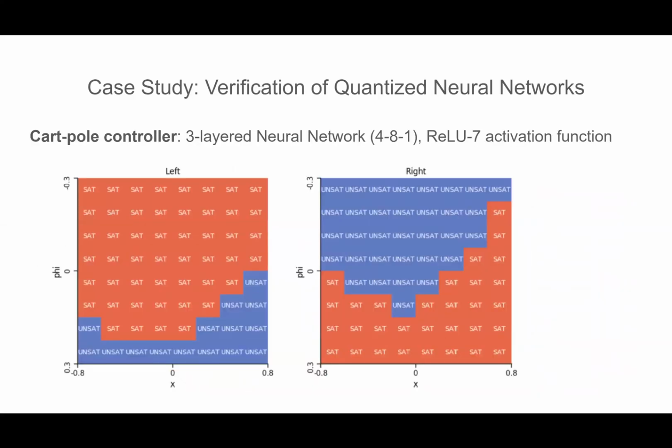And we have done 2 case studies, where we apply the SMT theory to verify several characteristics of a 3-layer neural network and the ReLU activation function. This one is a car-pole controller. We want to find out when we will always turn left or always turn right given several input values.